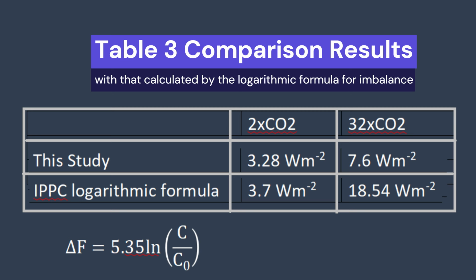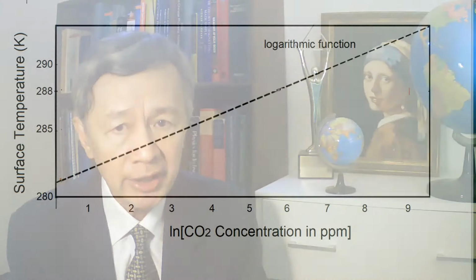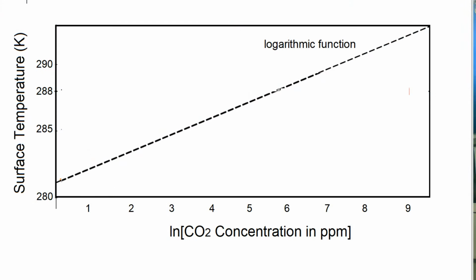But the imbalance 18.56 watt per meter square due to CO2 increasing 32 times is significantly larger than my result, 7.6 watt per meter square, based on the published data by Zhong and He. If we use the logarithmic scale to display the CO2 concentration in ppm, we will see the global mean surface temperature, or GMST, increases linearly according to the IPCC's endorsed logarithmic formula, as shown by this dark line, giving the climate sensitivity.